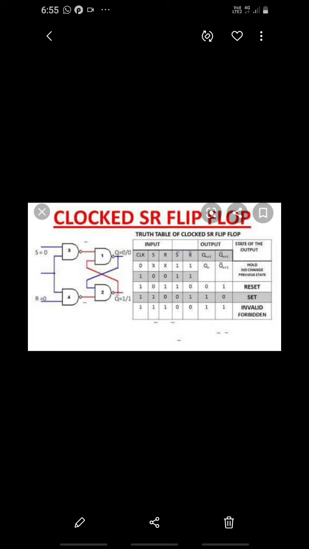So in the truth table in the above PPT, when the clock signal is 0, SR gives no change, means Q is Q naught.